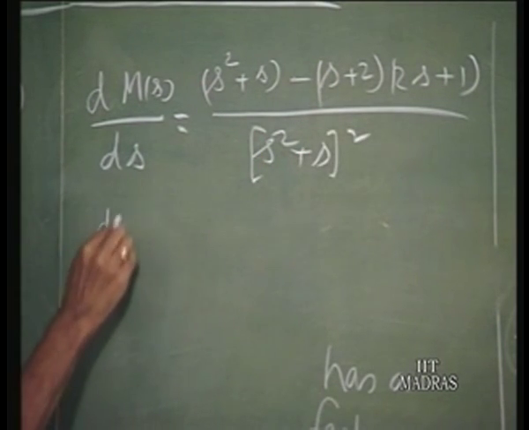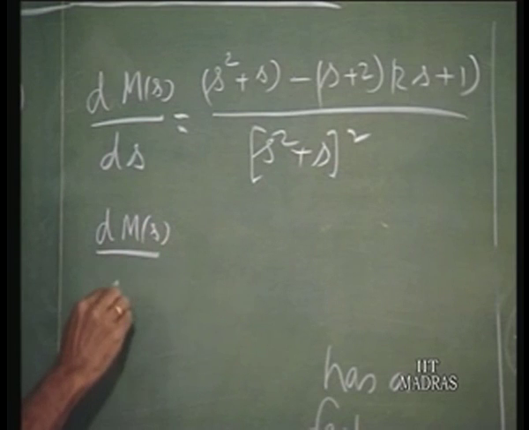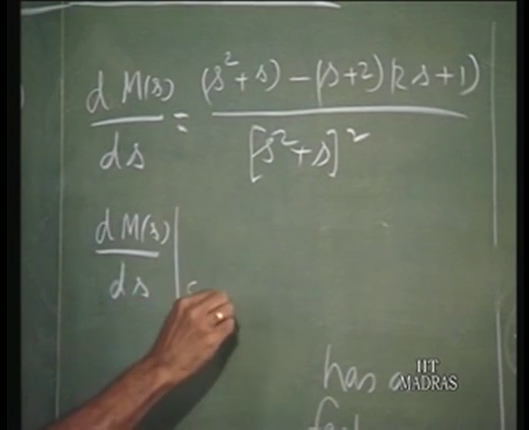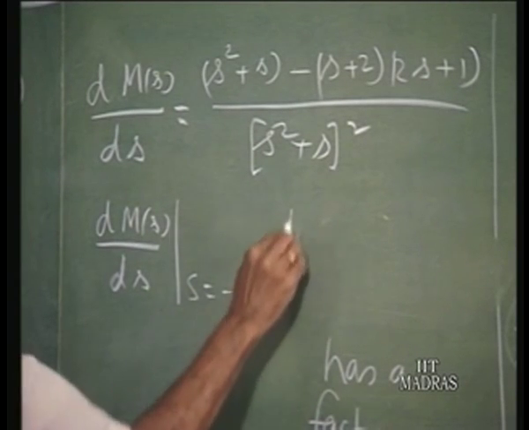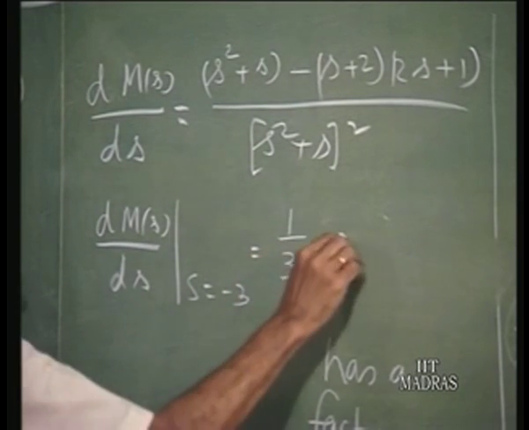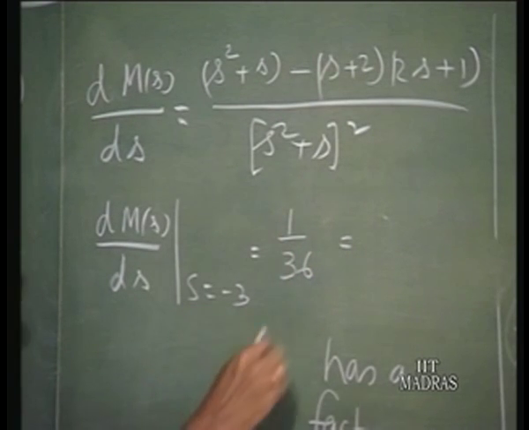So dm/ds substituting s equal to minus 3 will give me, after you work this out, 1 by 36, and that of course is K31.